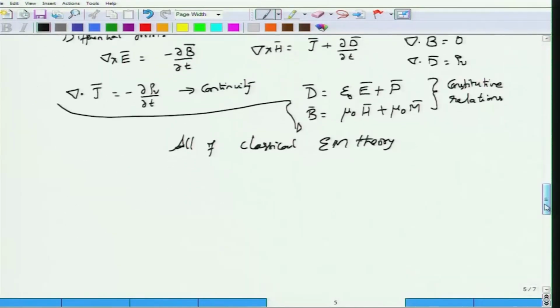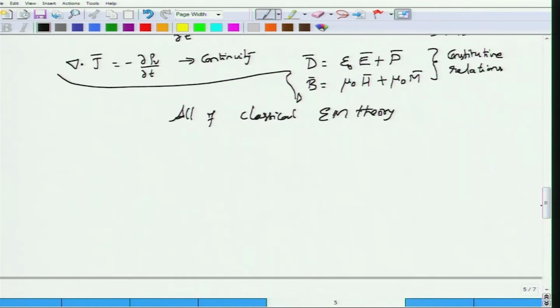There is one additional form of these equations which is useful for us. Okay. And this additional form results when we assume the time variations of the fields in the form of a phasor. What do I mean by that? If the electric field, let us say, has a certain value E0, pointing in a certain direction, but with respect to time it is changing as some sine or a cosine, or in general as e to the power j omega t.